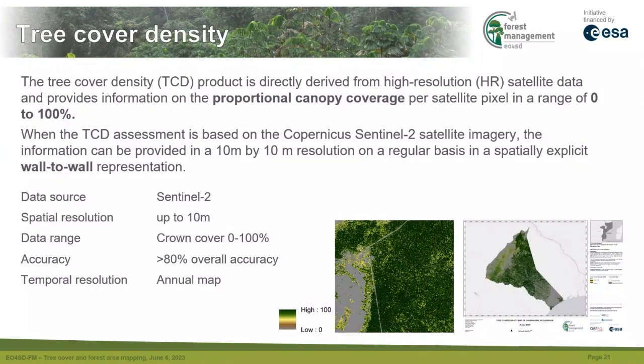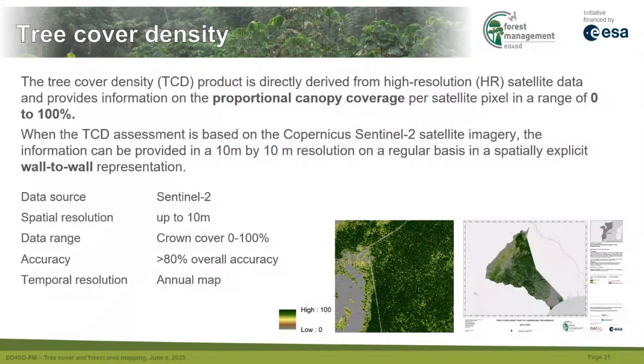And tree cover density. Before we go to tree cover density, we need to understand tree canopy. Tree canopy cover refers to the proportion of area covered by the vertical projection of the crown of a tree. For example, in a pixel, how much area is covered by the tree canopy. When you convert this number into a percentage, how much of the pixel is covered by the tree canopy, that number is the tree CD.